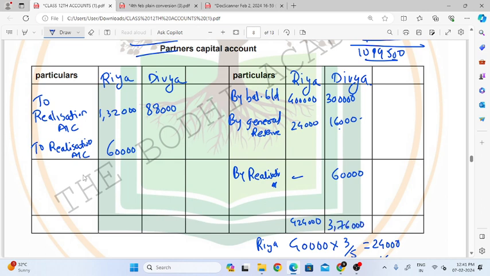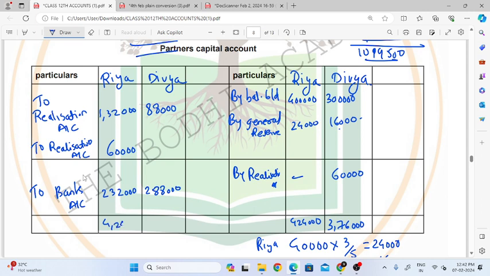So 4,24,000 is the heavier amount on the credit side. 4,24,000 minus 1,32,000 minus 60,000 comes to 2,32,000. Now this 2,32,000 is the balancing figure, and this figure we have to transfer to the bank account, so I am writing here to bank account. Then 3,76,000 minus 88,000 comes to 2,88,000.